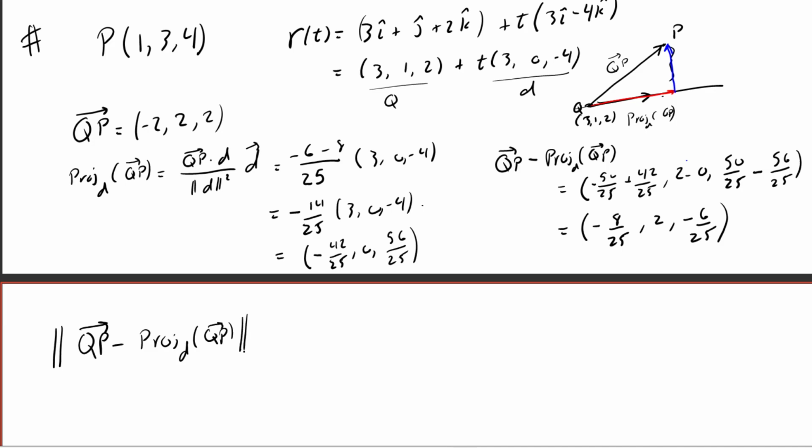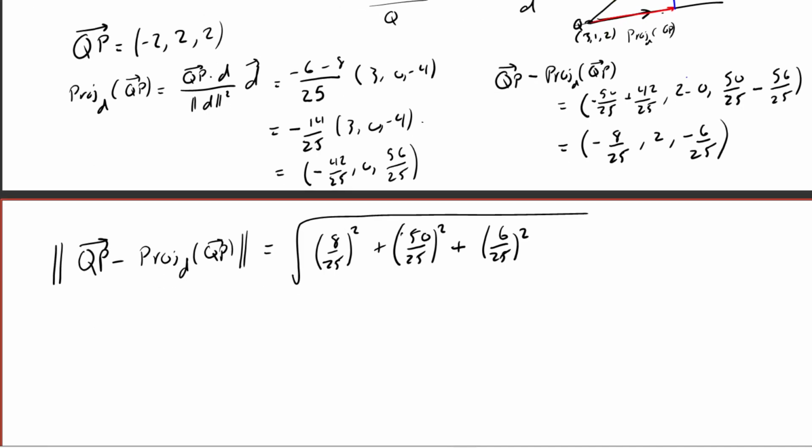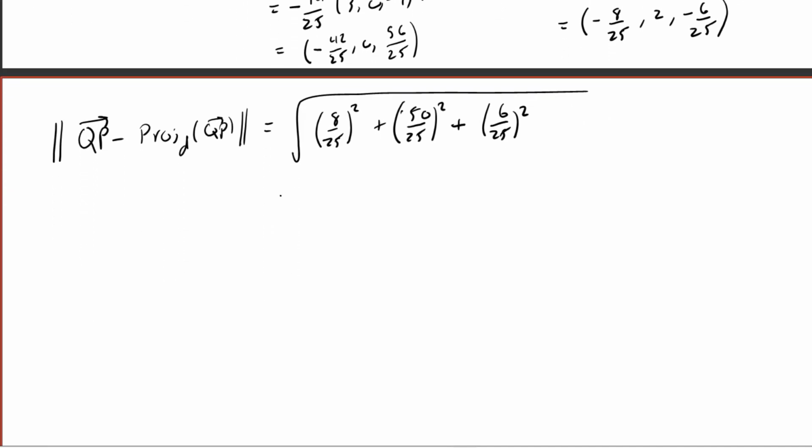Right, that's what we're looking for. Okay, so I have square root of 8 over 25 squared plus 50 over 25 squared plus 6 over 25 squared. Okay, so I just need to simplify this and then I'm done.